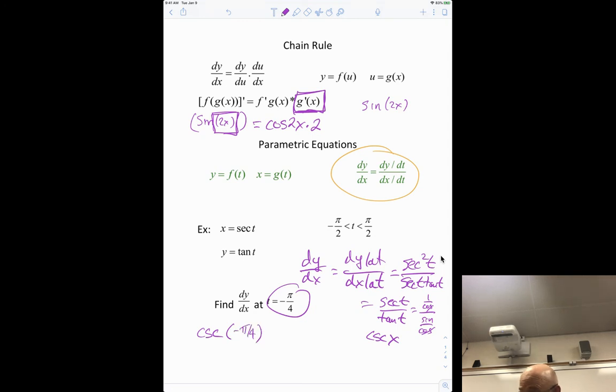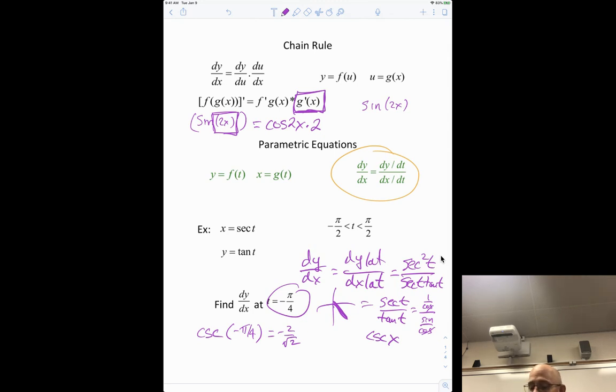Cosecant, again, is the reciprocal of sine. The sine of pi over 4 would be root 2 over 2. So negative pi over 4 is down here. Sine is negative in that quadrant. So this is negative 2 over root 2, because it's the reciprocal of the sine, which is root 2 over 2.